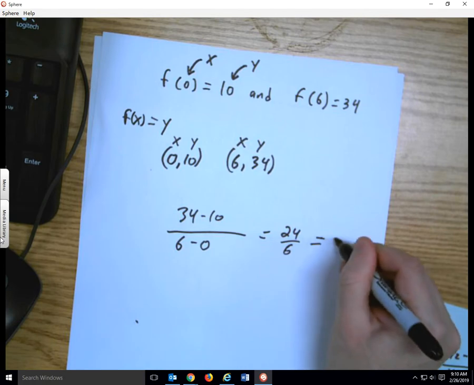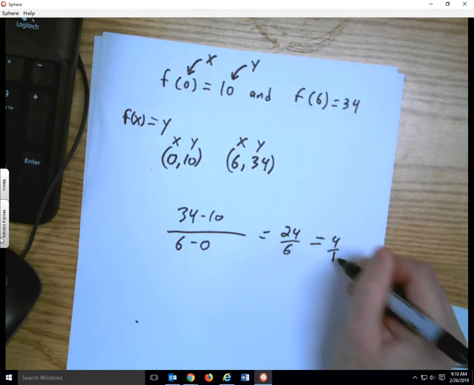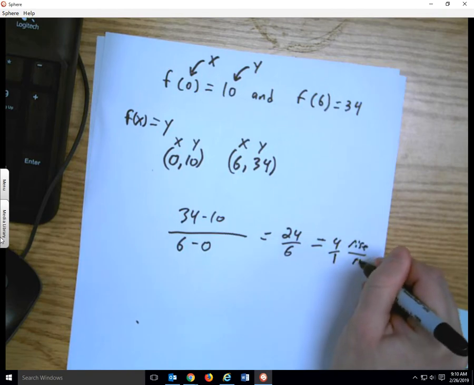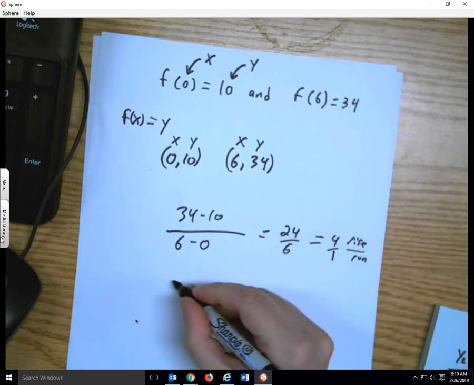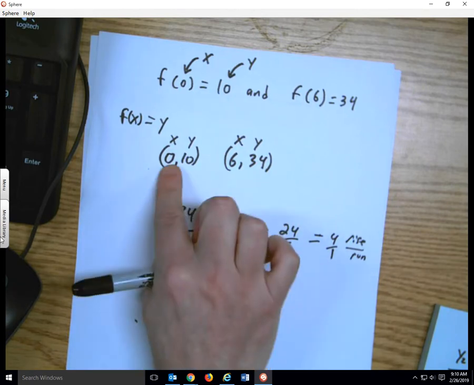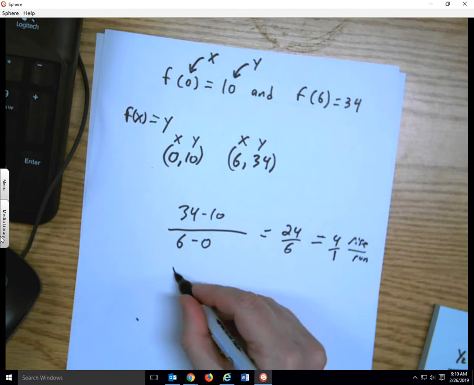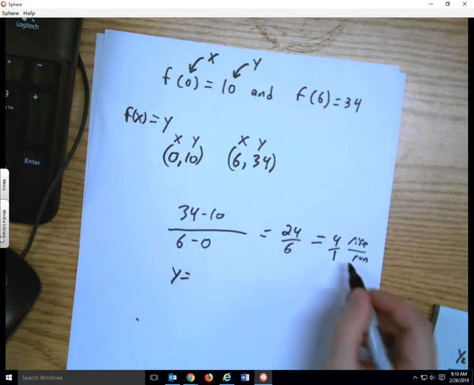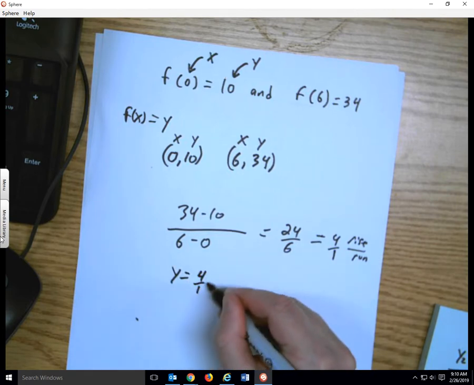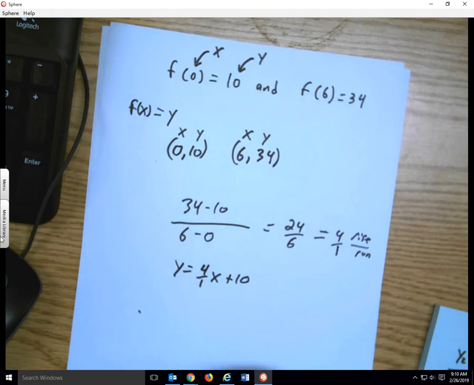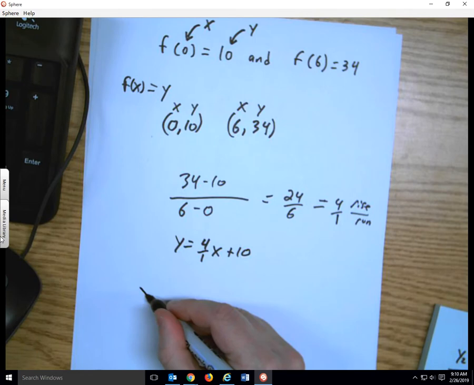If you want rise over run, you put 4 over 1. We have our m. Now we need to find our b, but if x is 0, we know the b is 10. So the answer would be y equals 4 over 1x plus 10. Great.